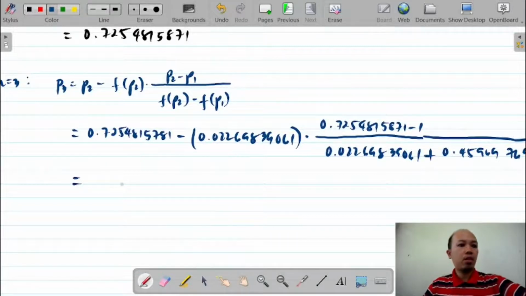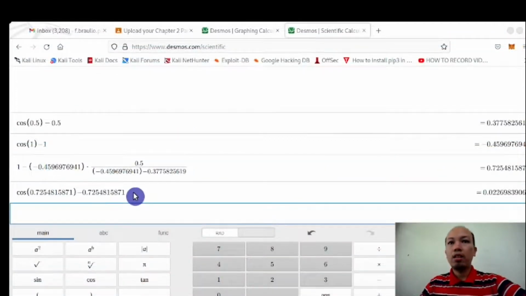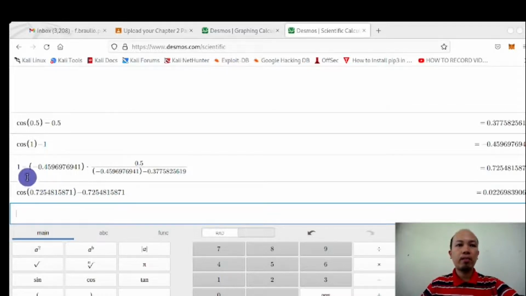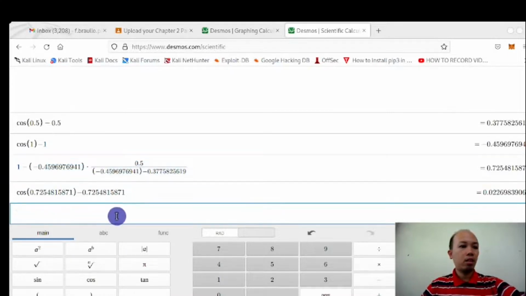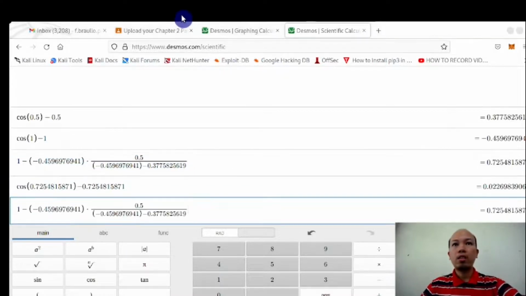Use this small scientific calculator, this one here. Copy this one and then paste it here, and then replace. First you have p sub 2. What is our p sub 2?